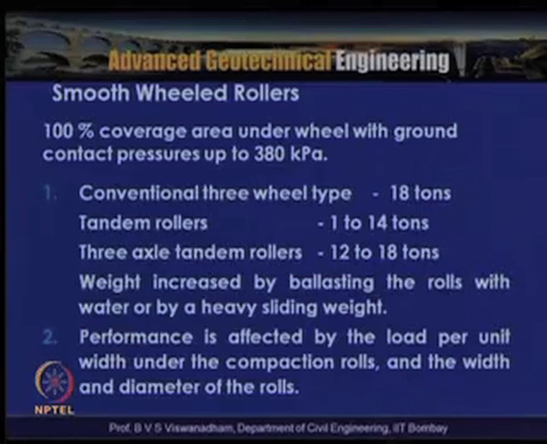In the conventional 3-wheel type, the weight will be around 18 tons. Tandem rollers will be about 1 to 14 tons. 3-axle tandem rollers are about 12 to 18 tons. Weight can be increased by ballasting the rolls with water, or by a heavy sliding weight, or it can be ballasted with sand. Performance is affected by the load per unit width under the compaction rolls, and the width and diameter of the rolls.